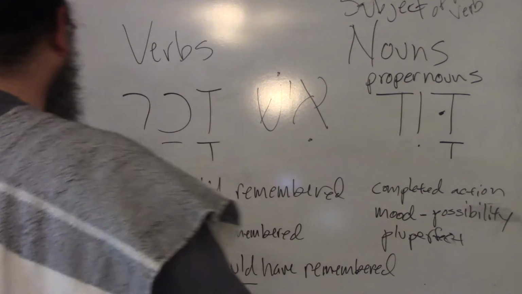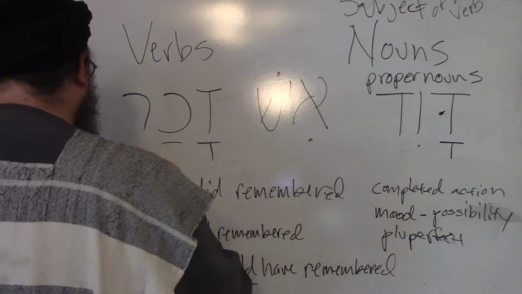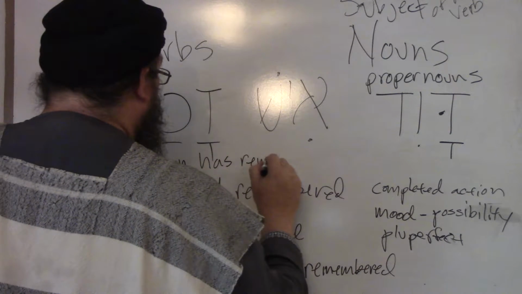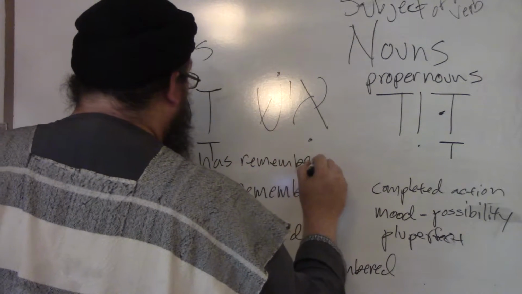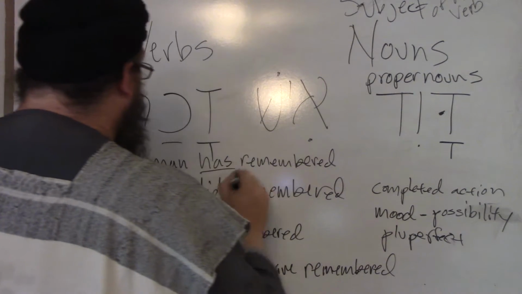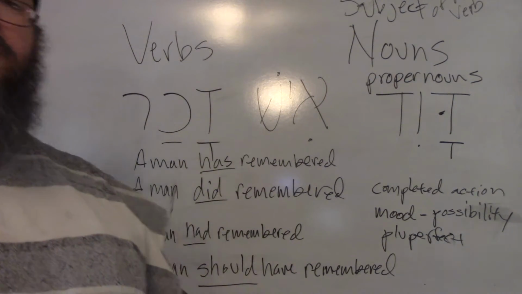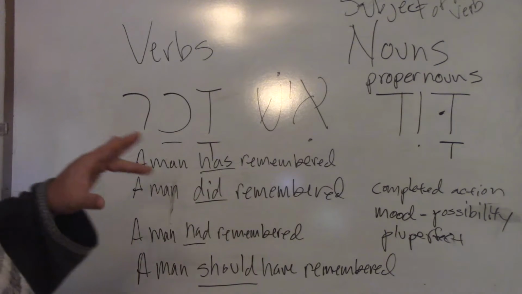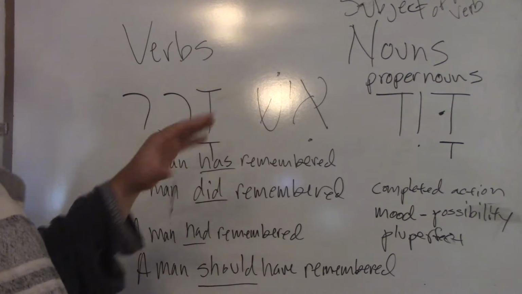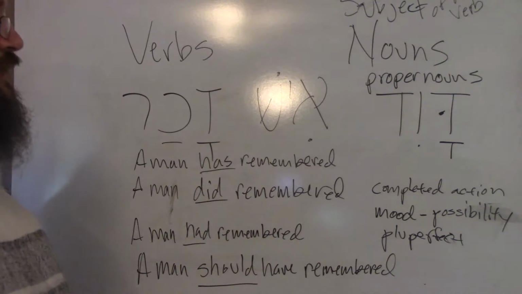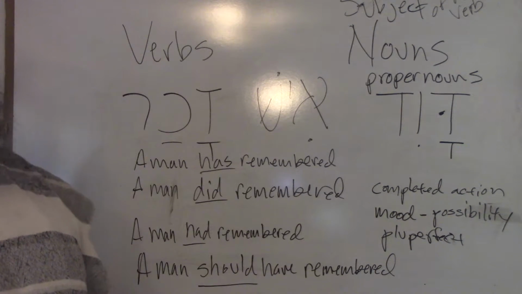So here we would say, a man has remembered. Okay? So you can see the complexity of how Hebrew, when actually reading, can change the dynamics of what the context of a sentence could say because of all the possibilities that completed action can express.